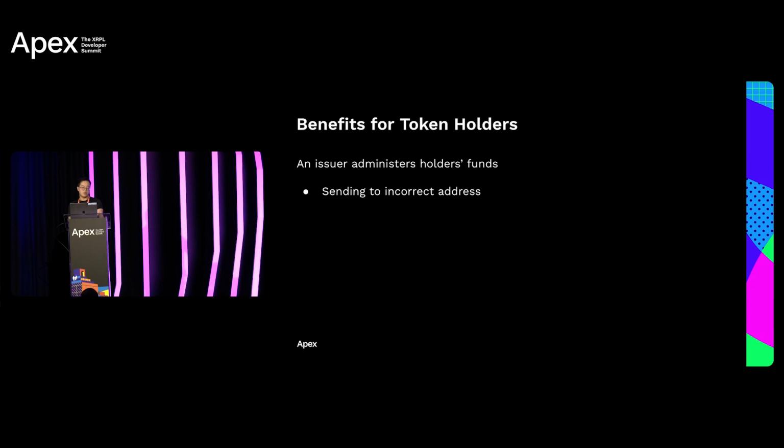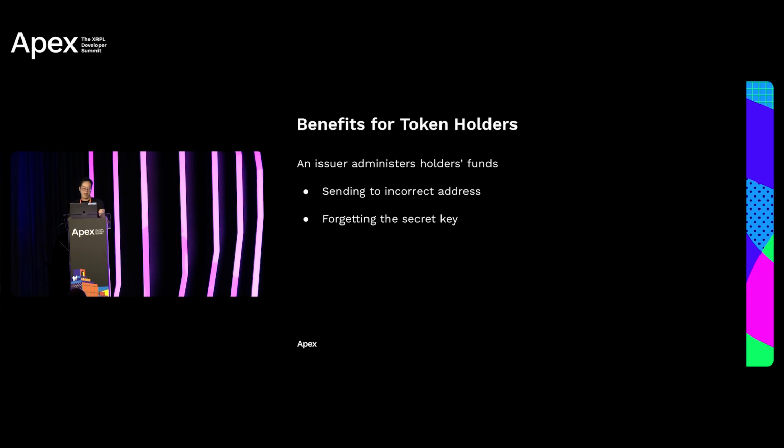Now let's consider another scenario. A token holder has lost access to their account due to losing their password. Traditionally, or in the current XRP Ledger, this would mean that their funds are effectively lost forever.